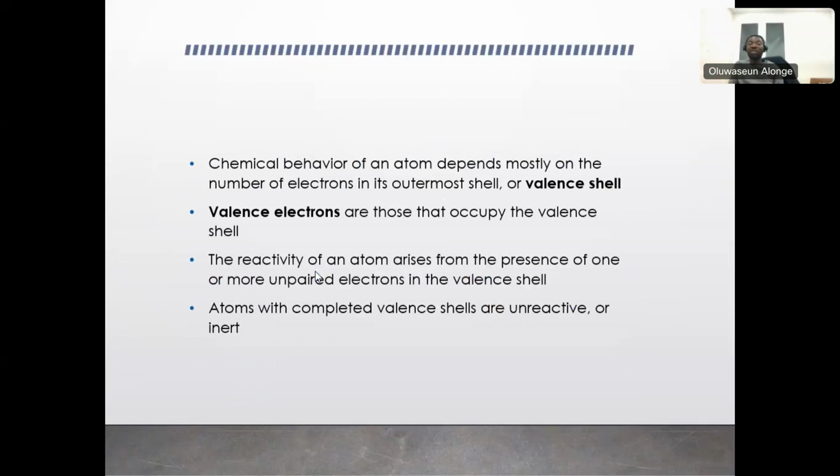Now, the chemical behavior of an atom depends mostly on the number of electrons in the outermost shell, which we call the valence shell.